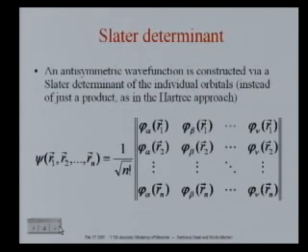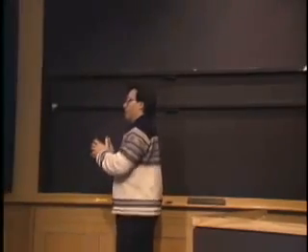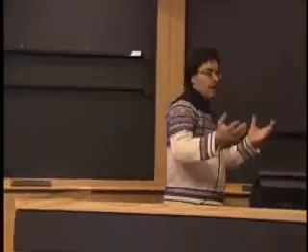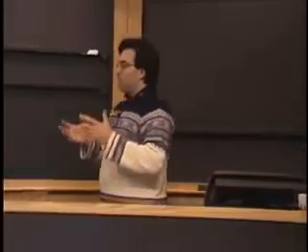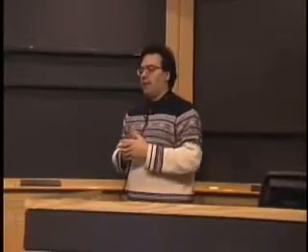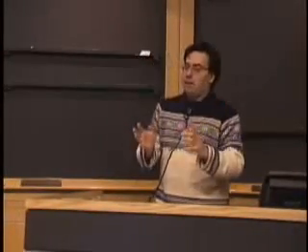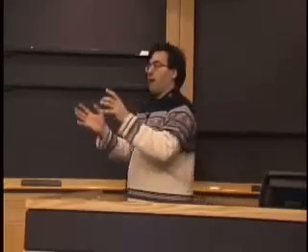So remember, the Hartree solution was just the product of single particle orbitals. But Hartree very quickly realized that you can satisfy this symmetry requirement if instead of taking just the product of n orbitals, you take the sum of the products of n orbitals, where you interchange the variables in all the possible ways, putting a plus or minus sign in front depending on how many interchanges you had.